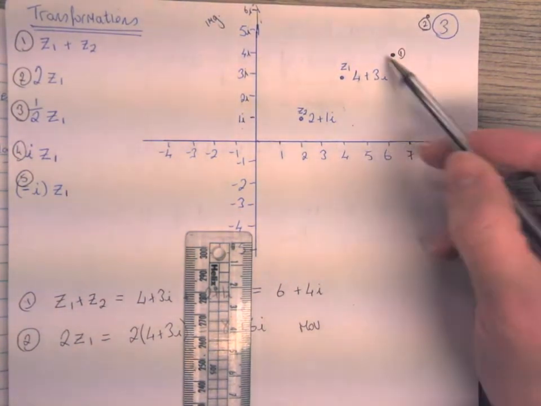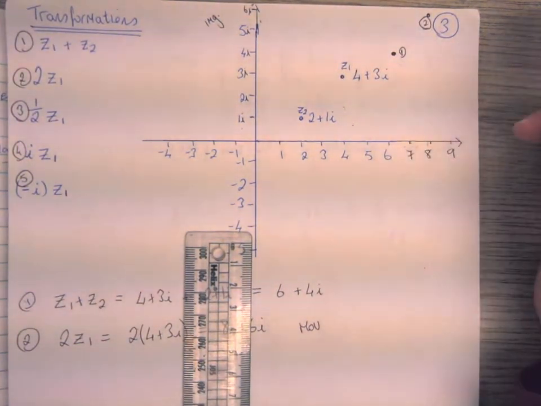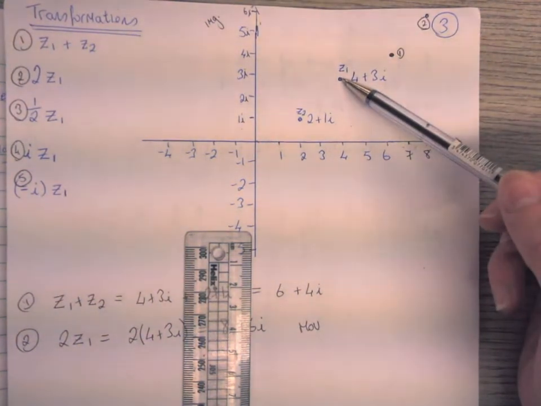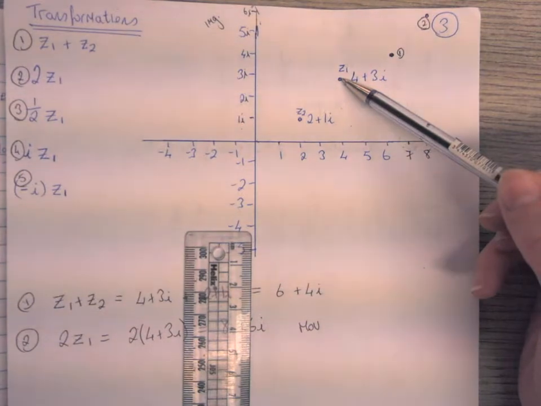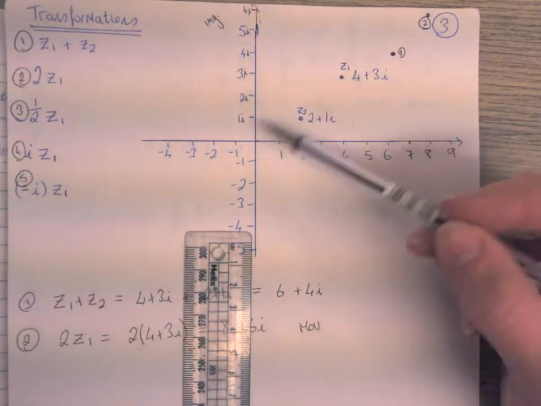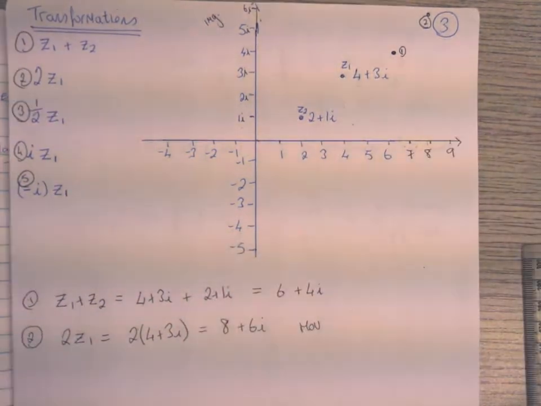So this is being multiplied by 2. If it was being multiplied by 3, it should go 3 times the distance. If it's multiplied by half, what do you think? Half the distance, so it should be halfway here. It should be somewhere in here. Is that okay?